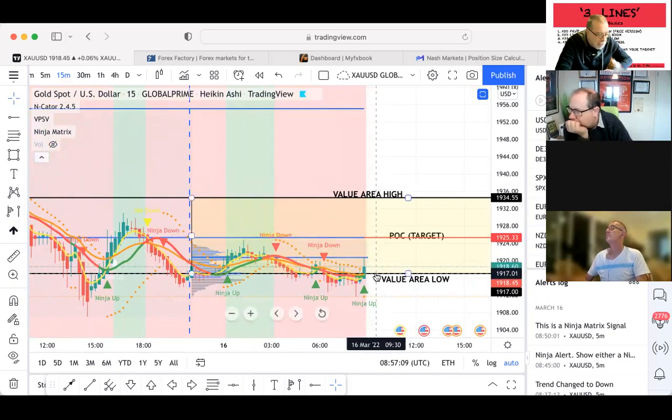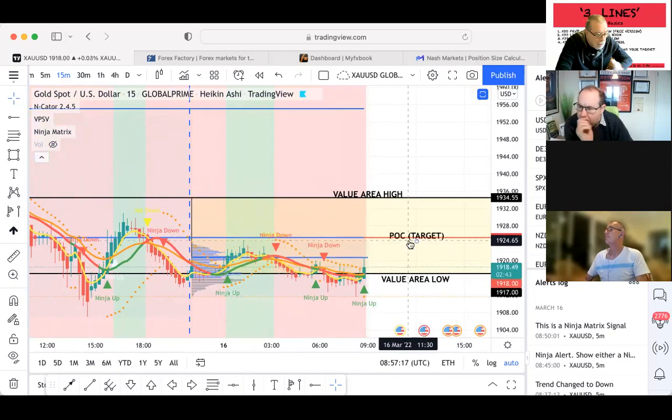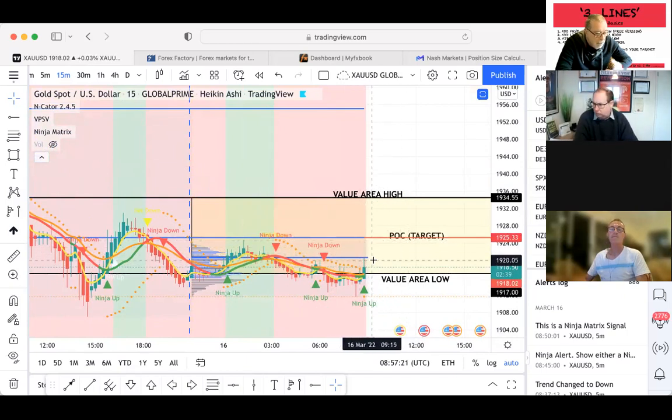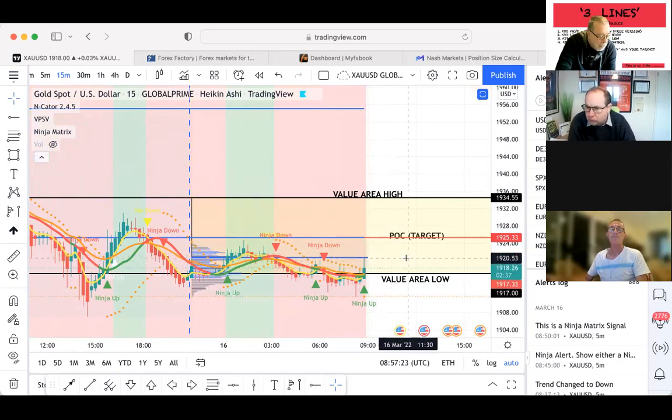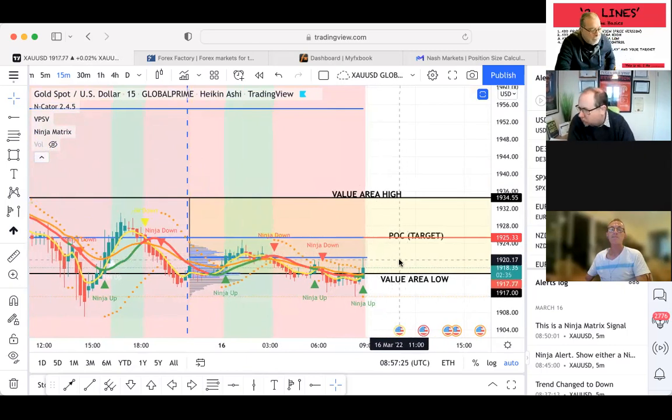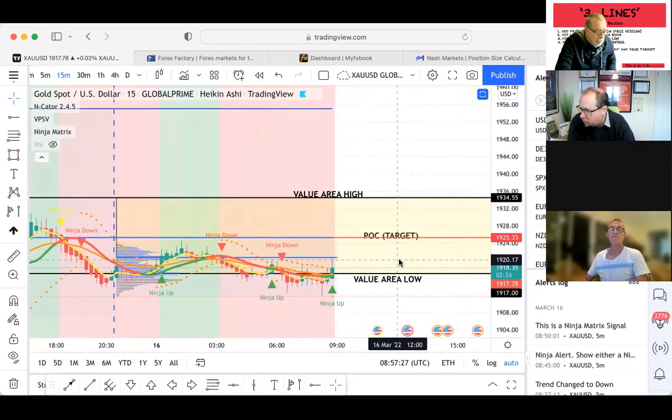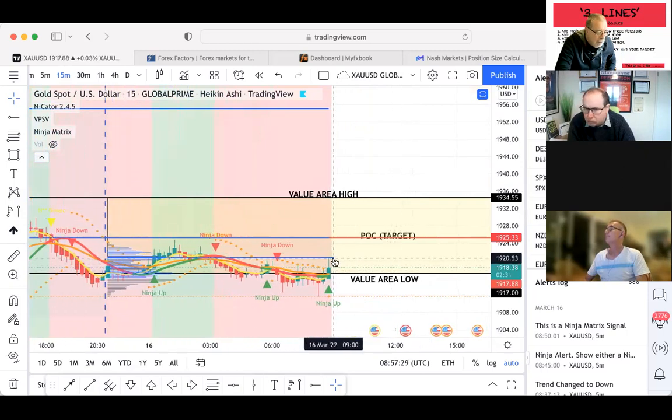So I'm putting an additional caution on this strategy. The basic strategy is you take buys from the value area low, or the extreme of the value area, up to the target, but be careful, because that line is a potential reversal zone. So we're looking at that line as being a significant point. We're looking at this red line as being a significant target.